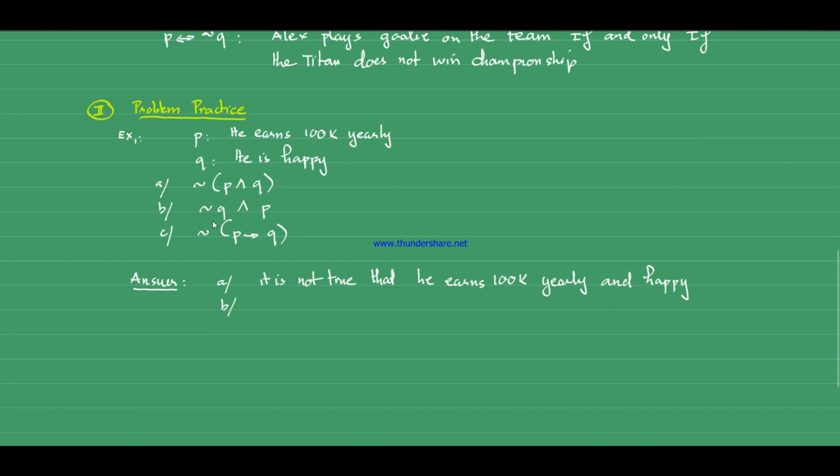Now let's negate this part right here. The parentheses tell you that the second one doesn't have a parenthesis, but the first one has parentheses, which means this goes together. Everything inside a parenthesis is considered one statement, which is the compound statement. Then you negate the compound statement. But this one, you just negate the simple statement.